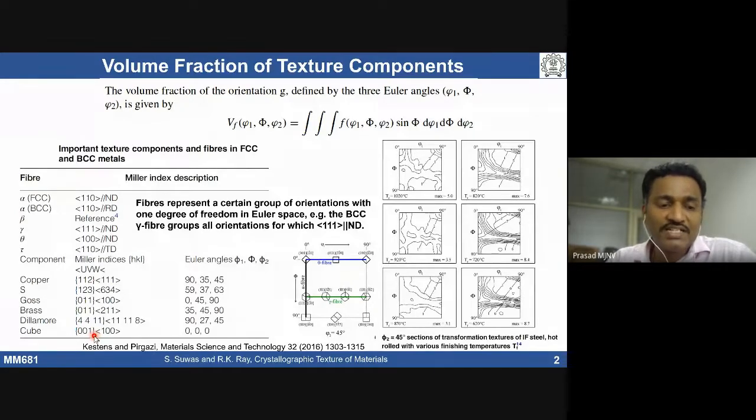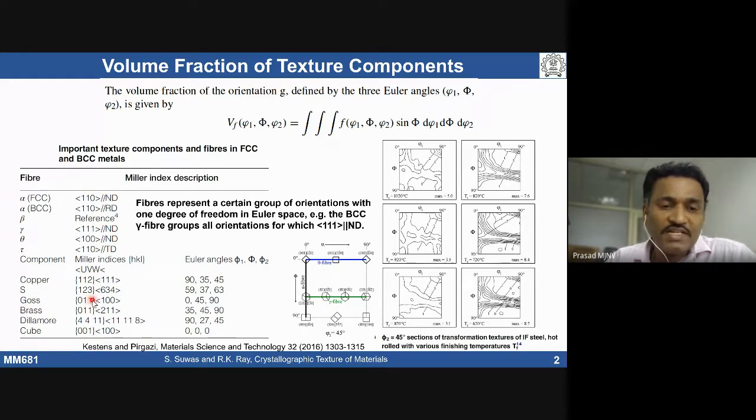During deformation, depending on stacking fault energy, if the stacking fault energy is low, we see the brass component is dominant as compared to the copper component. The S component comes in between brass and copper.